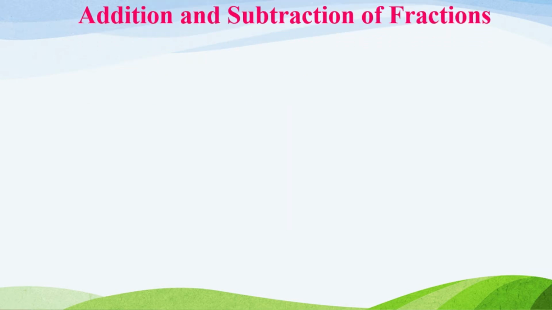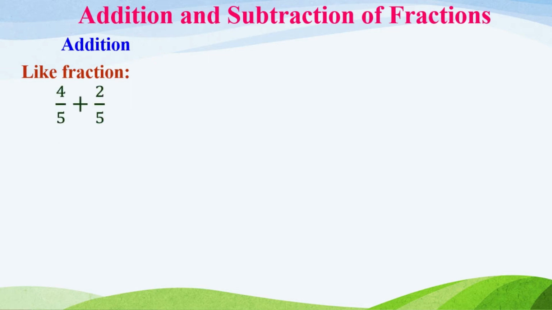Addition and subtraction of fraction. Let's see addition of the fraction. Addition of the fraction has like fraction and unlike fraction. Let's see like fraction. What is like fraction? Like fraction means same denominators. Let's see the example: 4 divided by 5 plus 2 divided by 5.